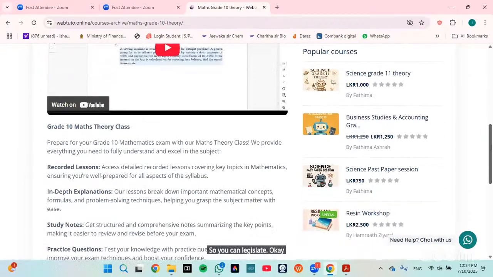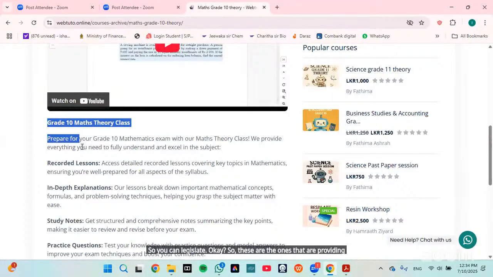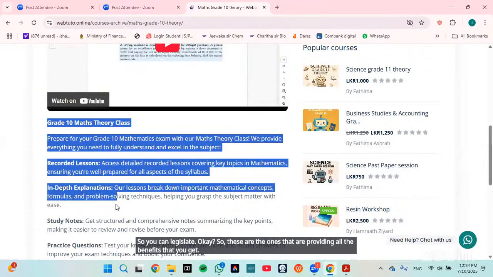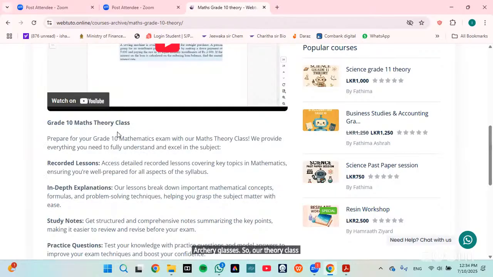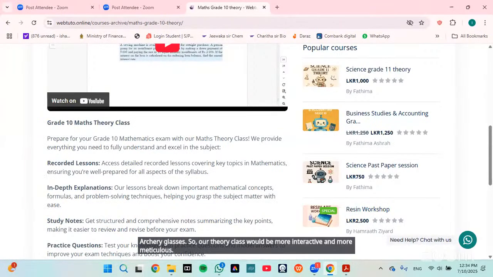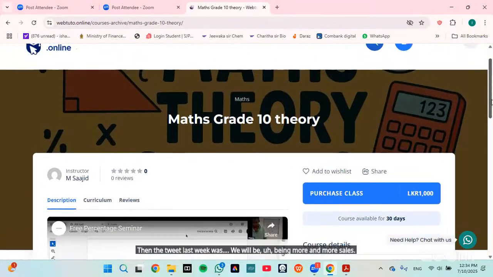These are all the benefits that you get when you join our theory classes. Our theory class would be more interactive and more beneficial than the free class because we would be doing more and more sums, taking more time, not like this.